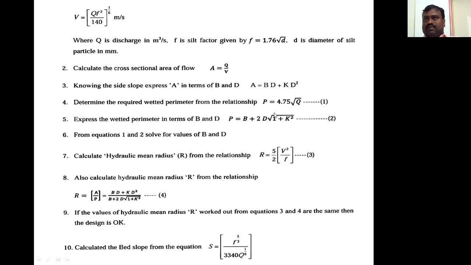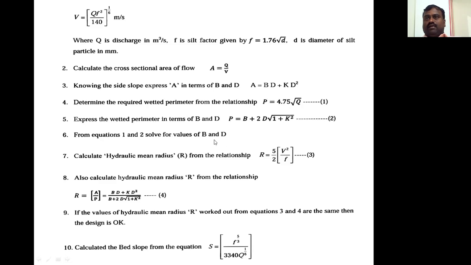Lacey, and the general expression for the perimeter obtained for a trapezoidal channel section is in equation 2. Now equating both the perimeter expressions 1 and 2, the values of B and D are determined.